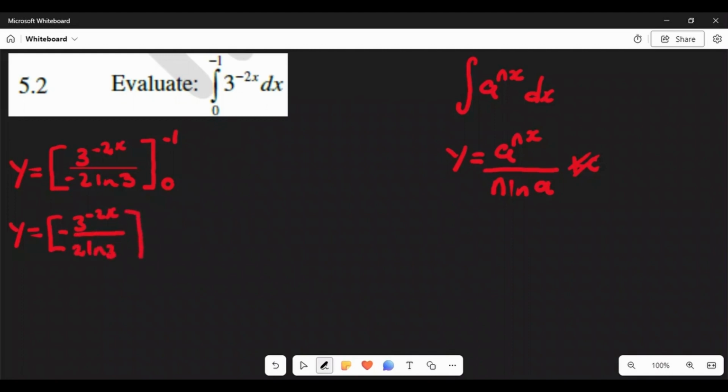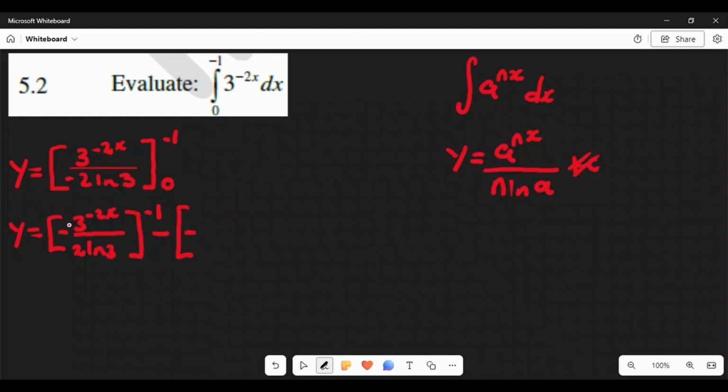And then the first bracket is going to have the upper limit, which is minus 1, and then we minus, and don't forget the first bracket is for the upper limit and it's going to be subtracted by the second bracket of the lower limit.